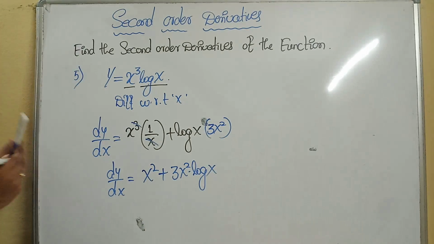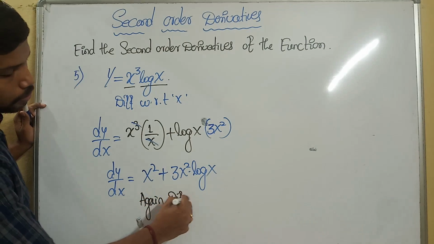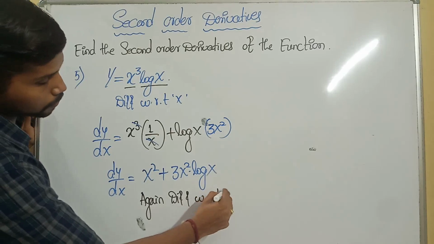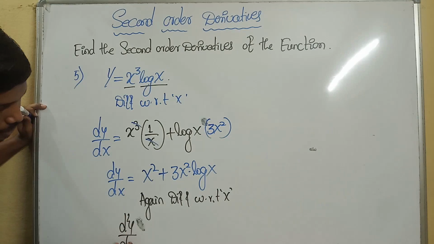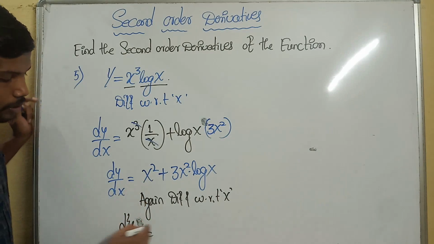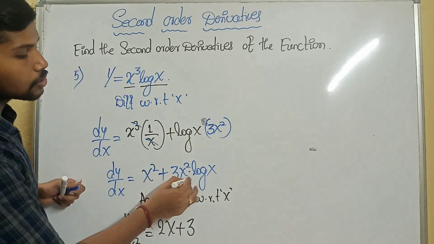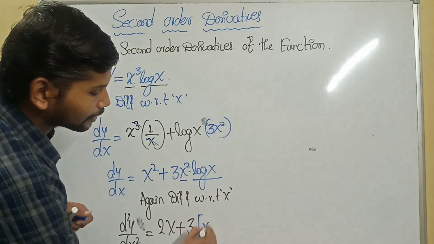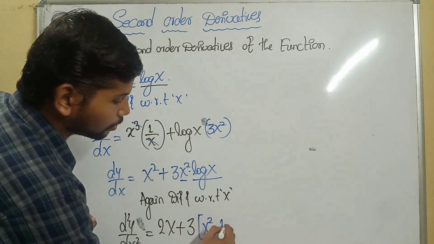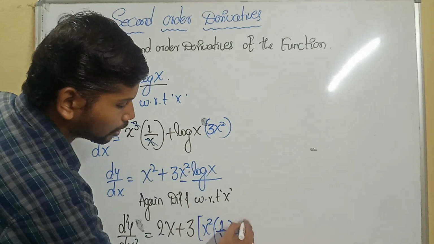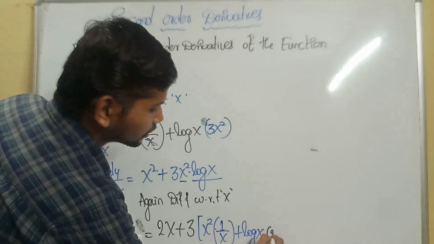Now I need to differentiate again with respect to x only. It will become d square y by dx square. The x square derivative will be 2x, plus 3 as it is. For x square log x, I need to apply the product rule. x square as it is, log x derivative will be 1 divided by x, plus log x as it is, x square derivative will be 2x.